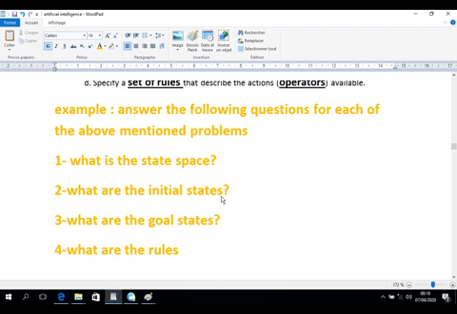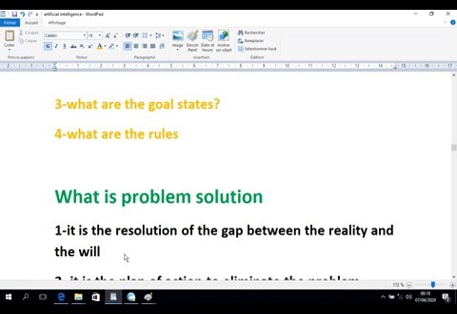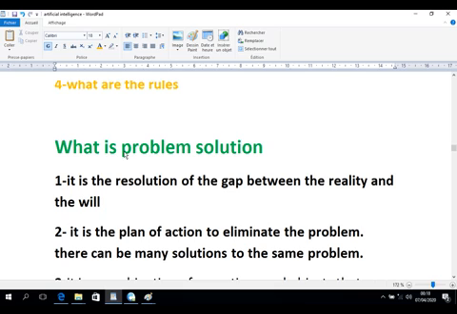Is it like that? No, it is factorial 9. So that is the number of states. Okay.